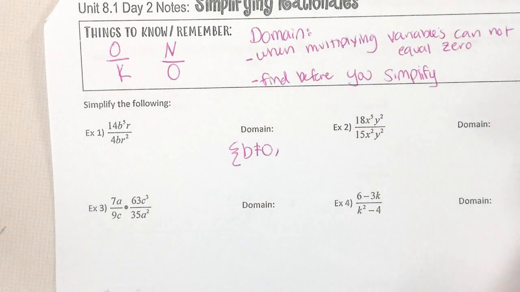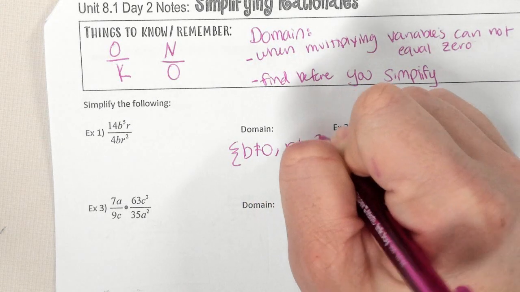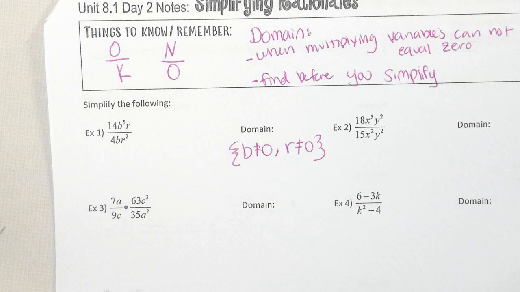And R is squared, but 0 squared equals what? 0. So R can also not be 0. So therefore, B can be any real number except 0. R can be any real number except 0.